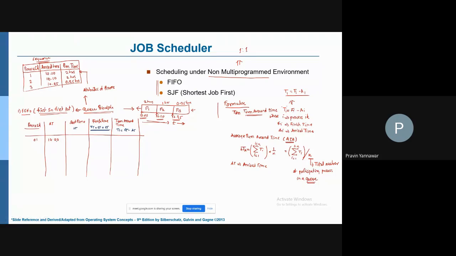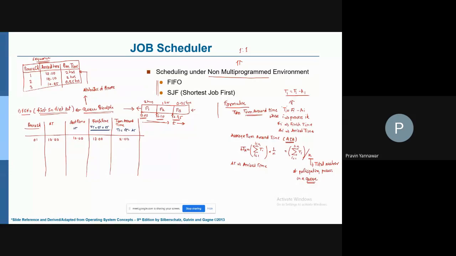So the start time for process number 1 will be 10.00 only, and it will finish at 12.00, because it takes 2 hours. The turnaround time taken by this process will be 2.00.